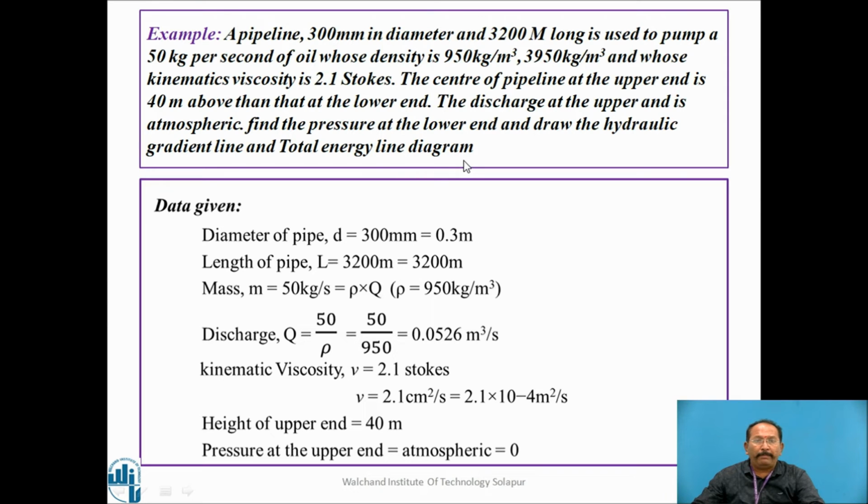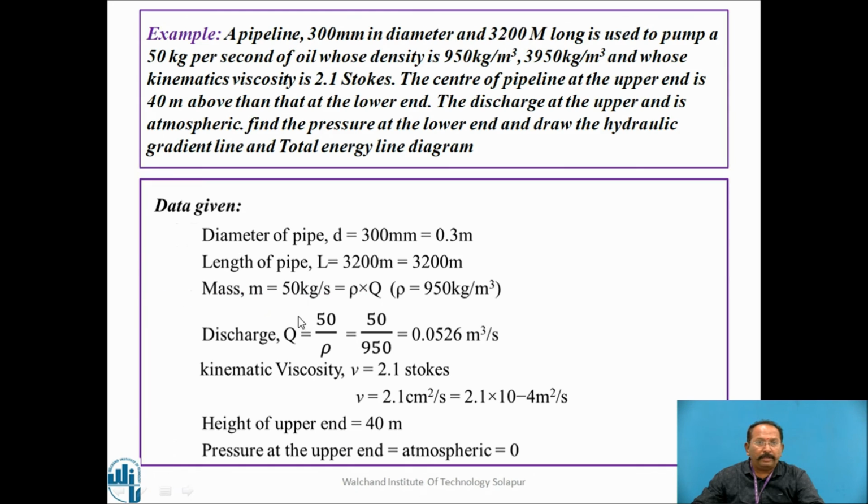The center of the pipeline at the upper end is 40 meter above that of the lower end. The discharge at the upper end is atmospheric. Find the pressure at the lower end and draw the hydraulic gradient line and also the total energy line.